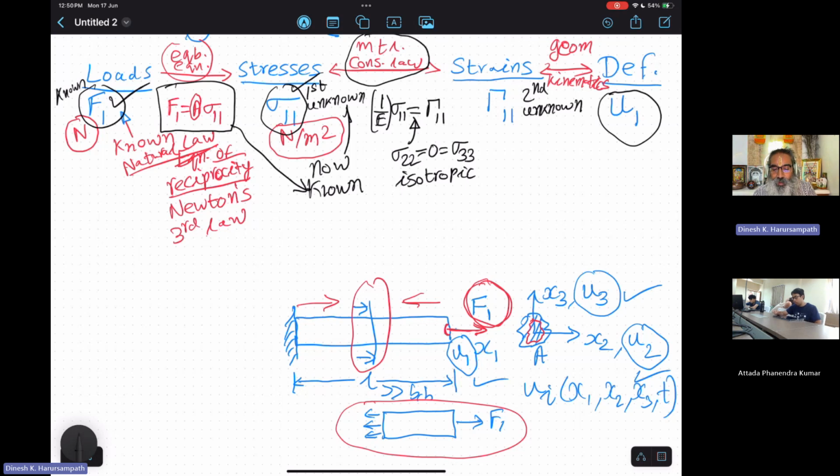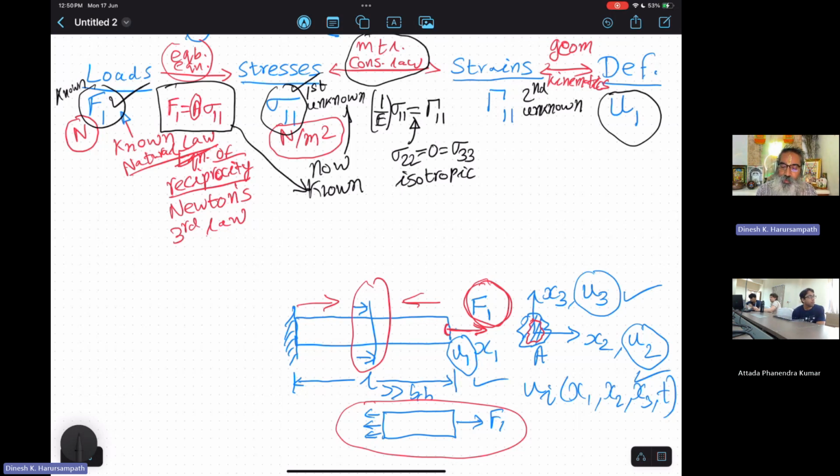So now we have made one more step towards our quantity of interest, U1. We have started from F1, which was given to us. We didn't have sigma 11. We used the natural law, which is Newton's third law, equilibrating a particular free body diagram. And then we got to sigma 11. And then we used material property, which is the constitutive law, got from sigma 11 to gamma 11 by dividing sigma 11 by E. We got to gamma 11, which is the main strain that is there.